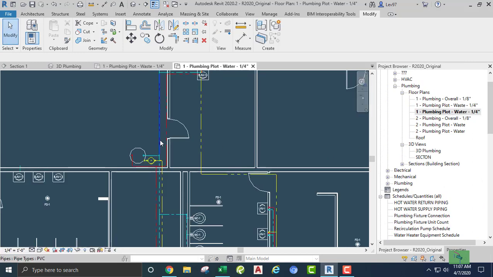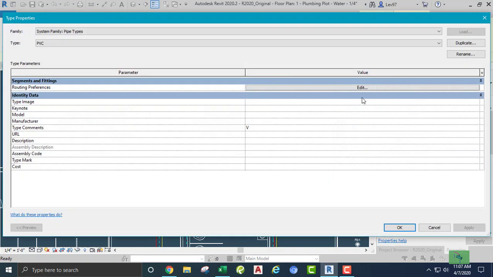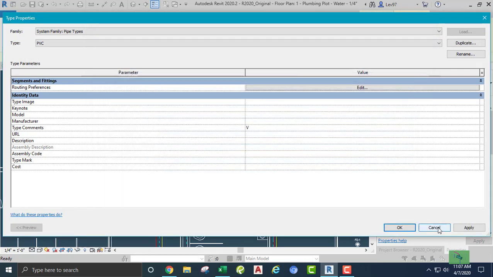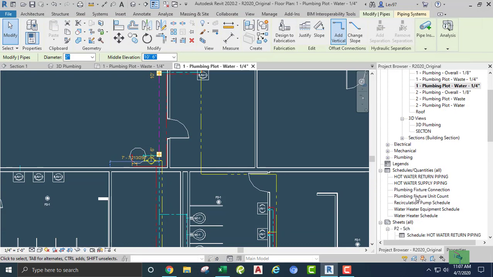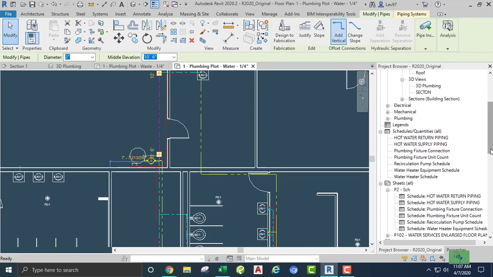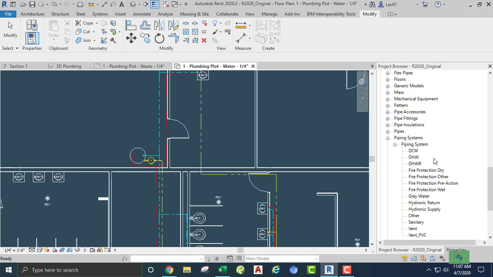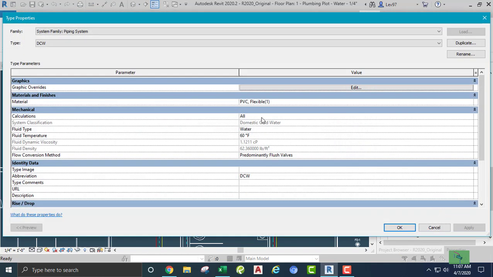Let's say cold water, and you look at your properties and go and see, that's not right. Systems. Let's go to systems. Piping systems. Or is it pipes? So you want to calculate systems? Properties? Systems? Yeah. Okay.